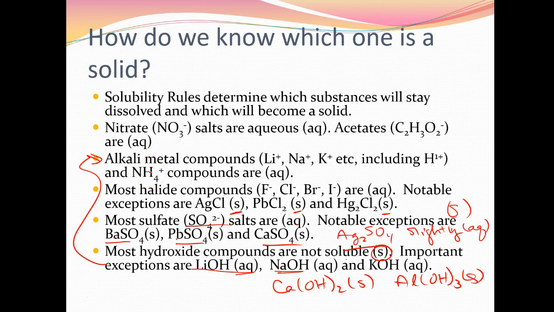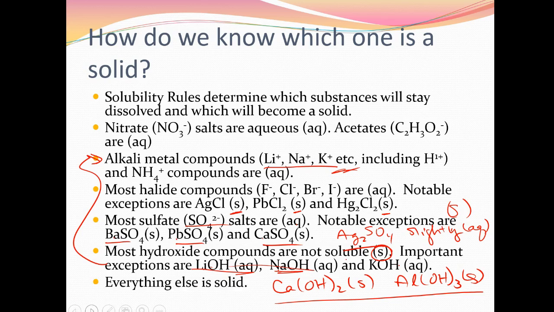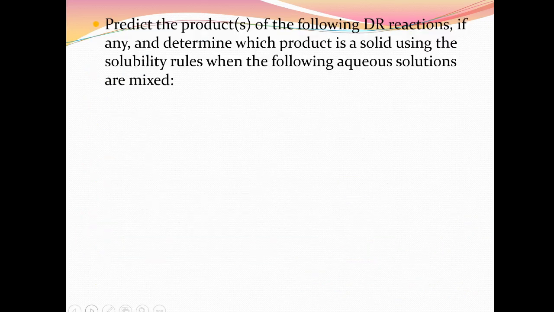If it's got an Li, an Na, or a K, then that rule is overriding on this one. So those guys are all aqueous. Anything else is pretty much going to be a solid. And then the last rule, everything else is pretty much a solid, if it doesn't fall under one of these rules up there.